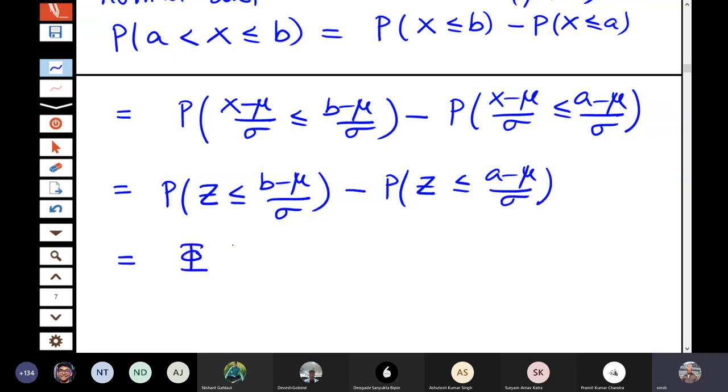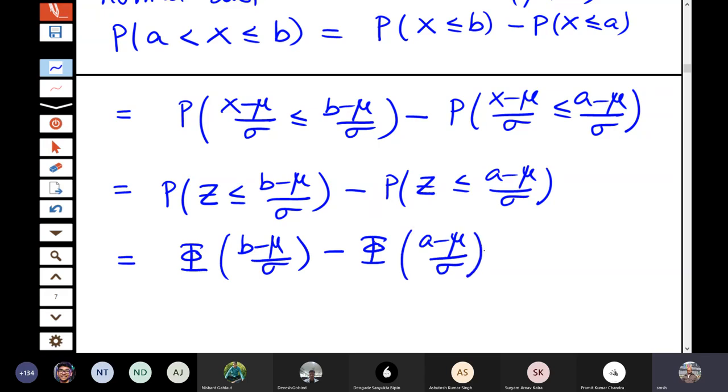That is phi of b minus mu by sigma minus phi of a minus mu by sigma. So the probabilities related to any normal distribution can be evaluated using the tables of the standard normal distribution. Okay.